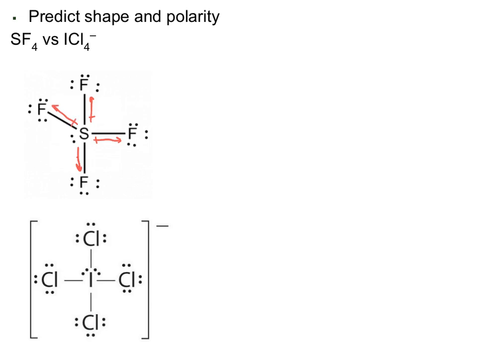However, when we now look at the overall three-dimensional shape of this molecule, we can see that our dipoles in the axial position of this seesaw-shaped molecule will cancel each other out. However, we also have bond dipoles in our equatorial positions.